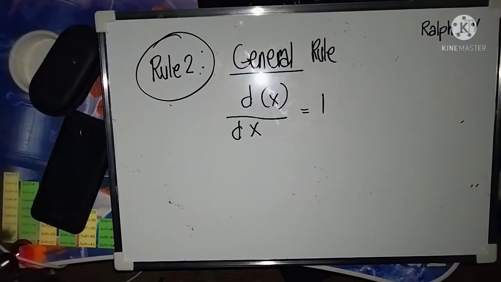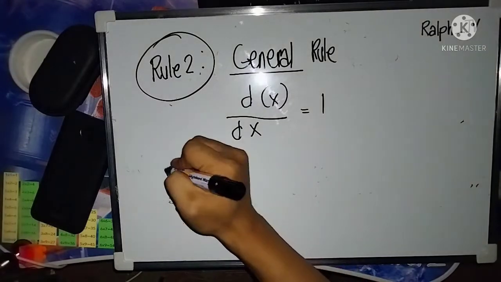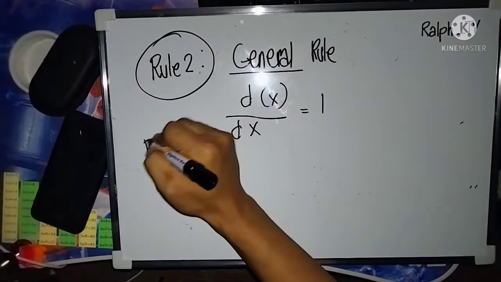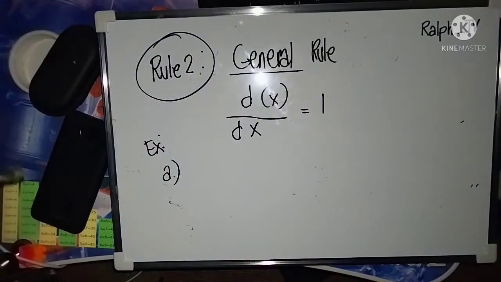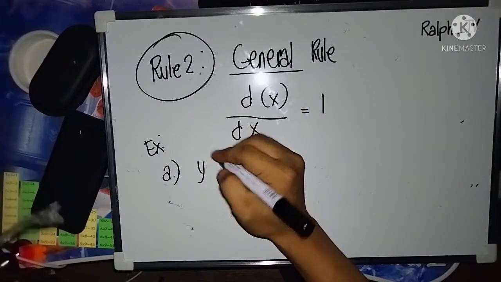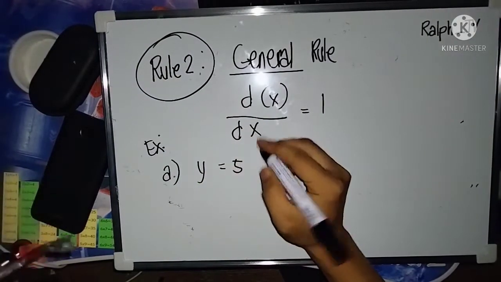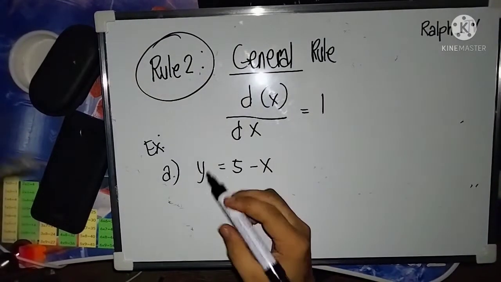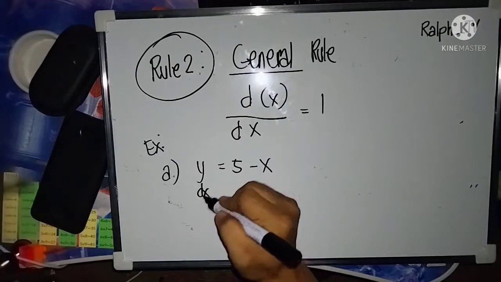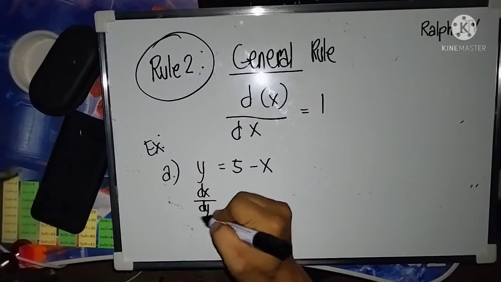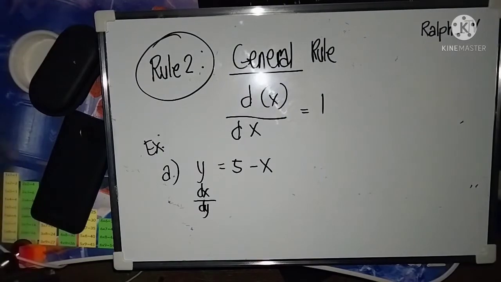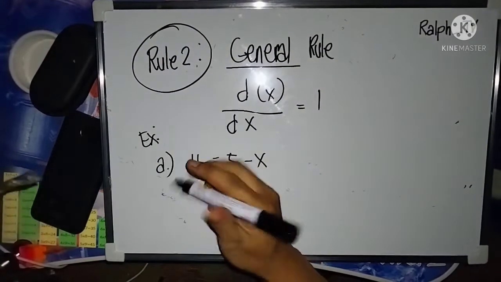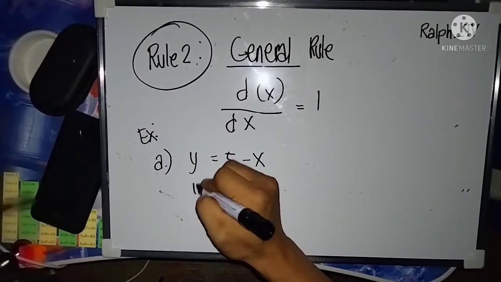So let's have another example. This is an example. So the y is equals to 5 minus x. So the derivatives of y is we have dx, ganyan. Pero kung gusto mo na shortcut way, pwede namang y prime, kasi mas madali yung y prime na isulat.